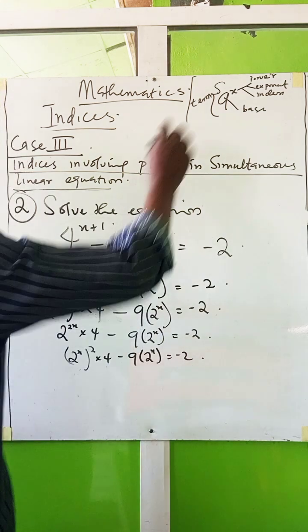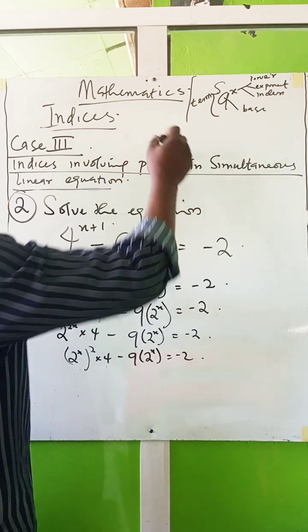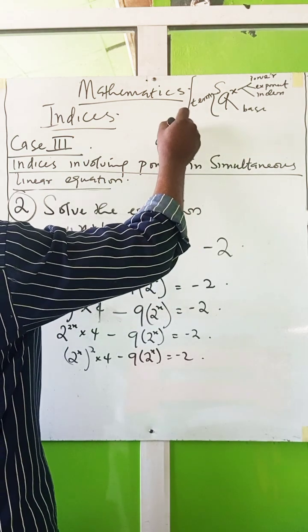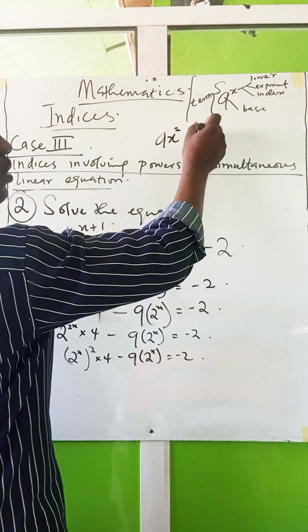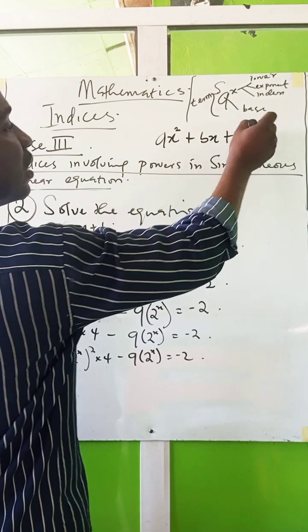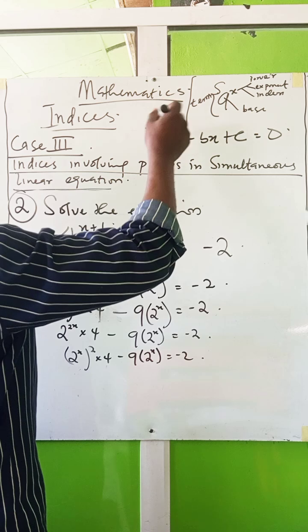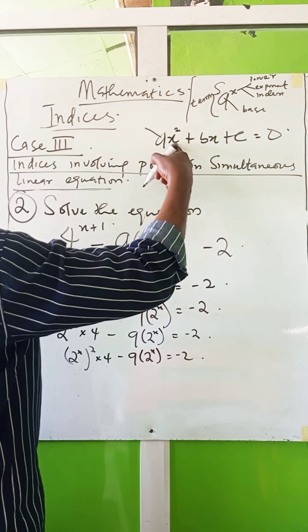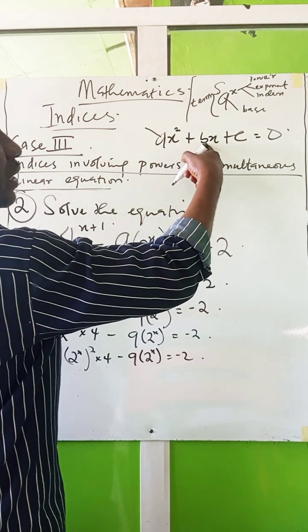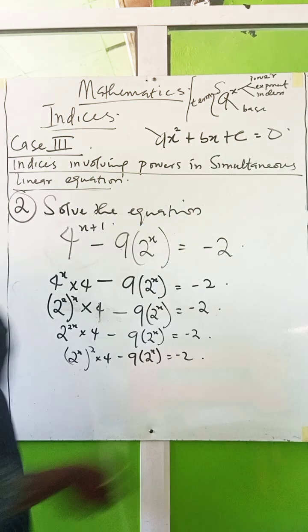A general quadratic form is ax squared plus bx plus c equals 0, where a is the coefficient of x squared, b is the coefficient of x, and c is a constant.